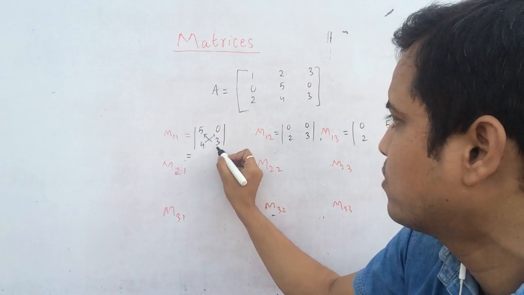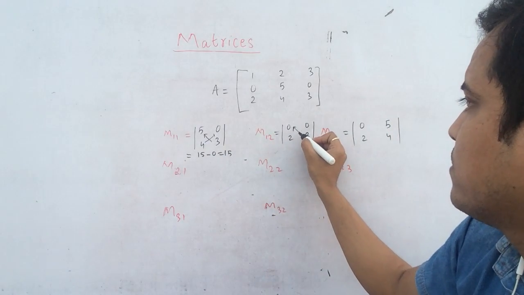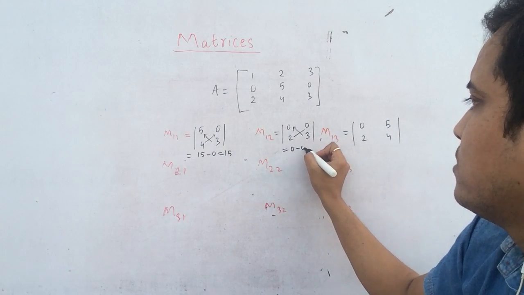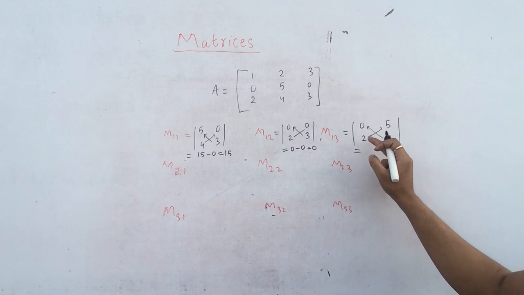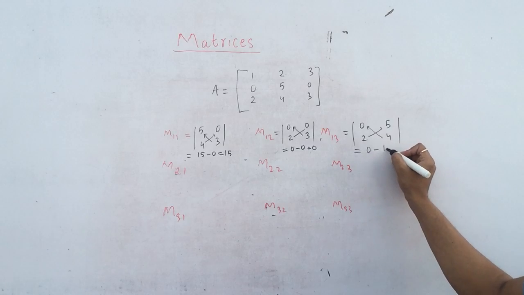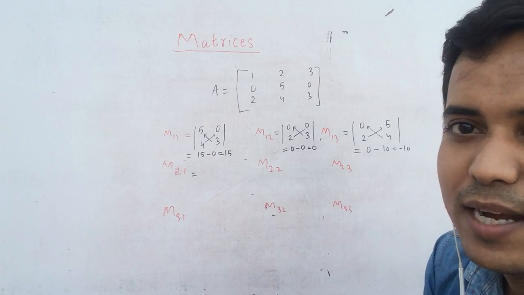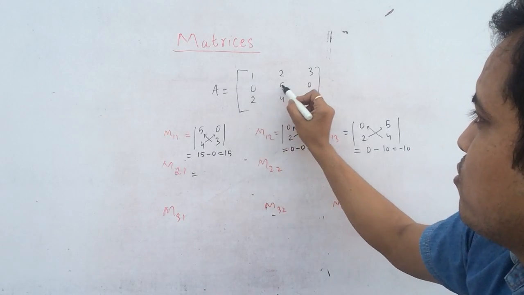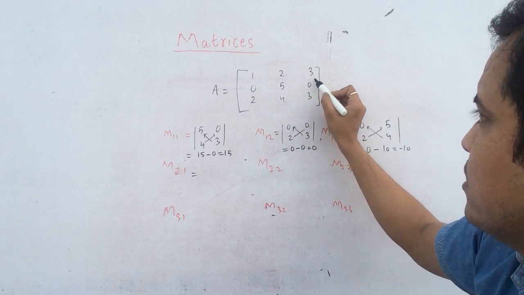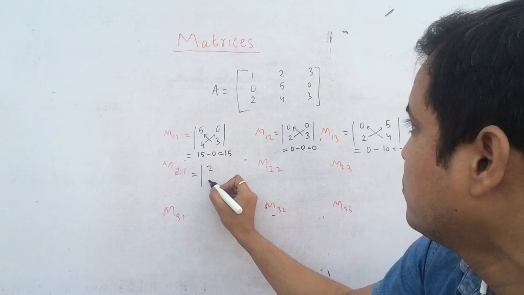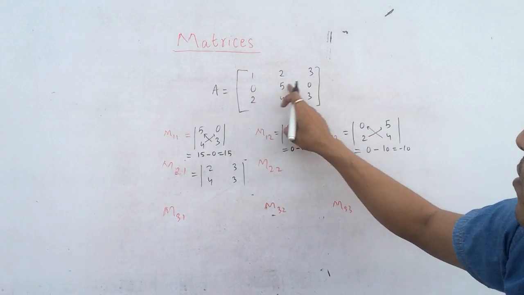Solve it first. Left cross minus right cross, 15 minus 0, it is 15. Left cross minus right cross, 0 minus 0, it is 0. Left cross minus right cross, 0 minus 10, it is minus 10. Again, find M21: remove second row and first column, 2 4 3 3.